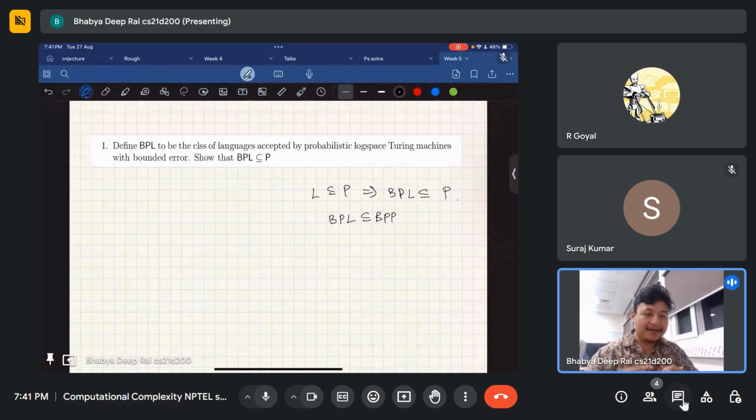If I simply run the BPL algorithm using my P machine, I'm convinced that it'll take polynomial time, but it'll have some errors, because it's a BPL machine.